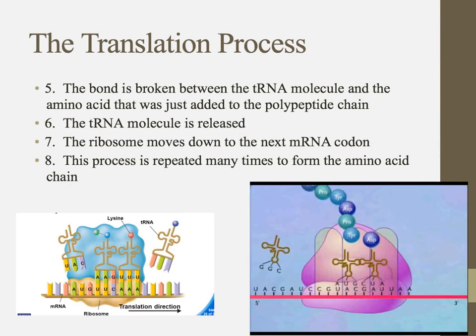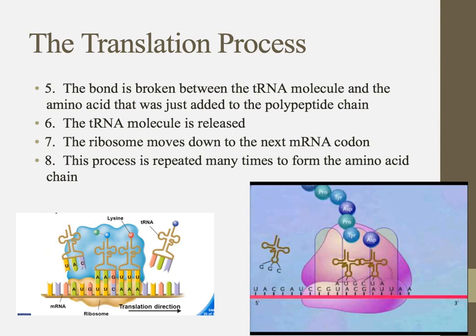As that chain is growing, we need this ribosome to keep moving on down this RNA molecule. Once the tRNA has dropped off its amino acid in the chain, we don't need it anymore. So a bond is going to break between the tRNA and the amino acid that it's holding, so it can be ejected from this process. It can get on out of here.